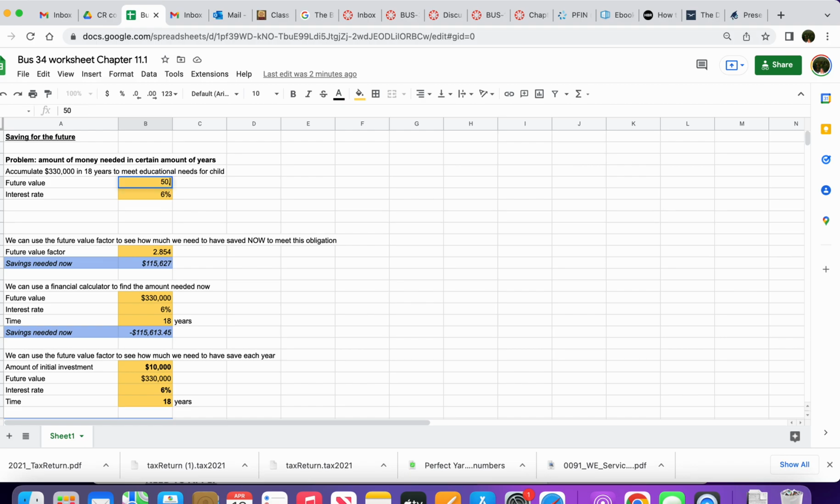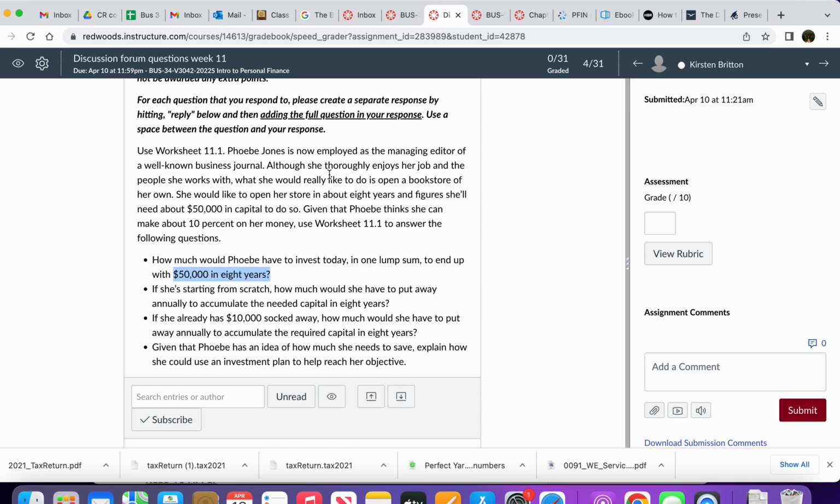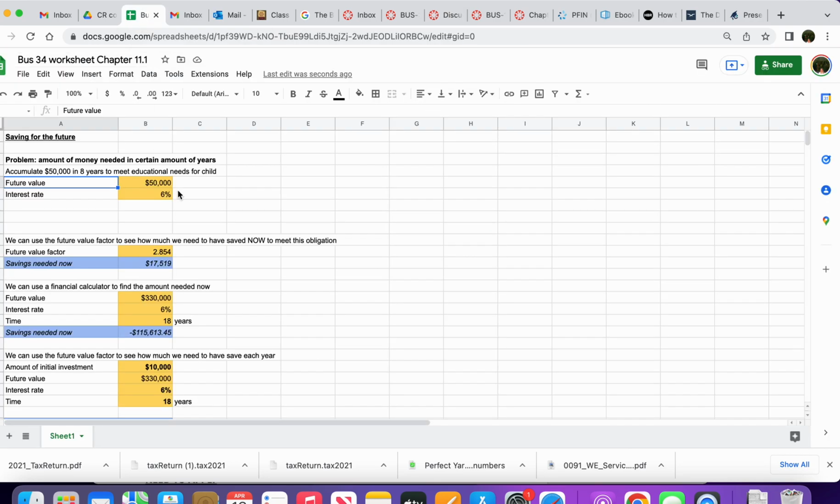So I'm changing this and saying I want to have $50,000 in 8 years for some reason. Here it's not for educational needs. I know that we're going to be able to invest that money at an interest rate of 10%, so I'm going to change the interest rate to 10%.